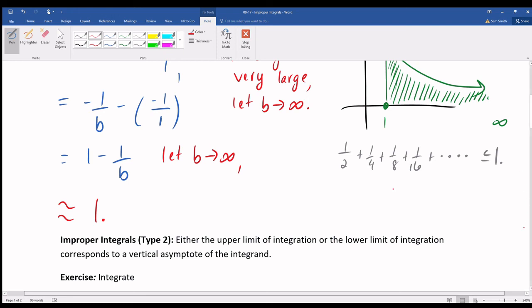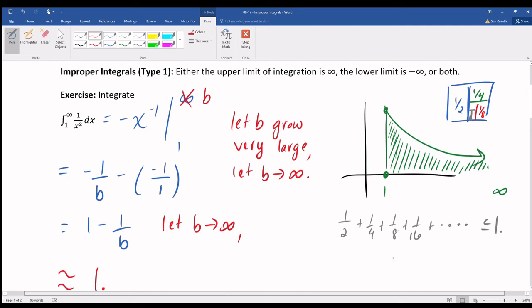So imagine this. Here is something that looks very much like the graph of the function 1 over x squared. We found the area under the graph as x goes from 1 to infinity. And not only was that area finite, that area was extremely small.